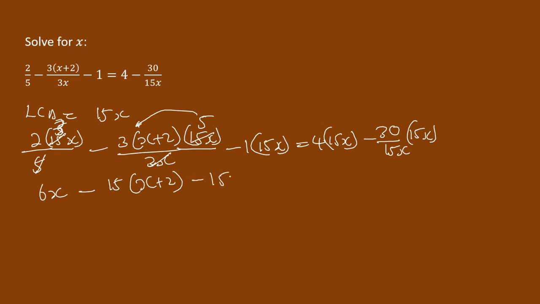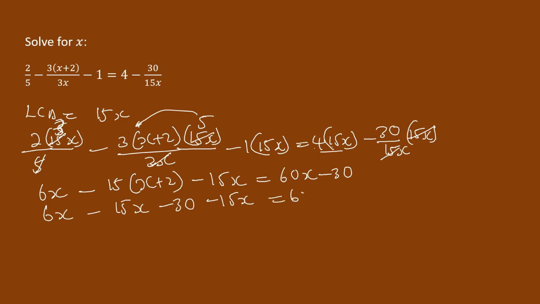Then minus 15x is equal to 60x. 15x divided by 15x is 1, so we remain with negative 30. So we have 6x minus 15x minus 30 minus 15x is equal to 60x minus 30. This negative 30 and this negative 30 will cancel each other out.